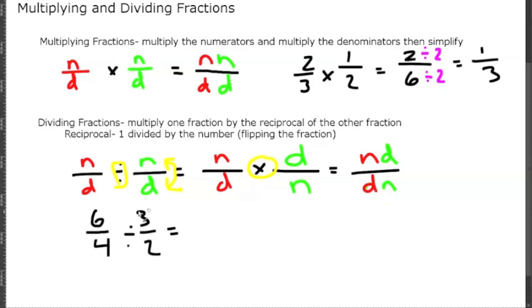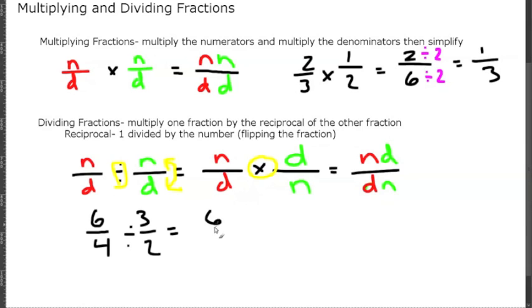Now this example is pretty easy because 3 goes into 6 evenly and 2 goes into 4 evenly. So you can just divide it straight across like we multiplied and just do 6 divided by 3 is going to be 2, and 4 divided by 2 is also going to be 2, and 2 over 2 is equal to 1. But that won't necessarily happen with all your fractions. They won't always go into it evenly. So we're going to flip this one just to get you used to flipping the fraction.